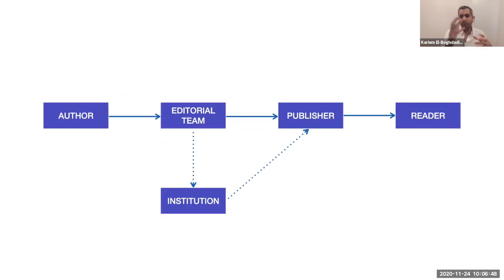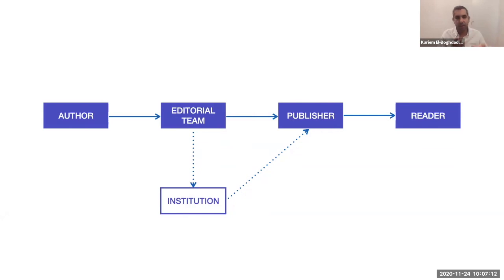And this is a little bit of the flow of how things go. So the author will submit things to the editorial team. The editorial team will work on the peer review process. If that paper is accepted, they will edit it, sub-edit it, prepare it, and send it to the publisher. And then the publisher will package it nicely, beautifully, and send it to the reader. The institution, in reality, has very little day-to-day involvement.